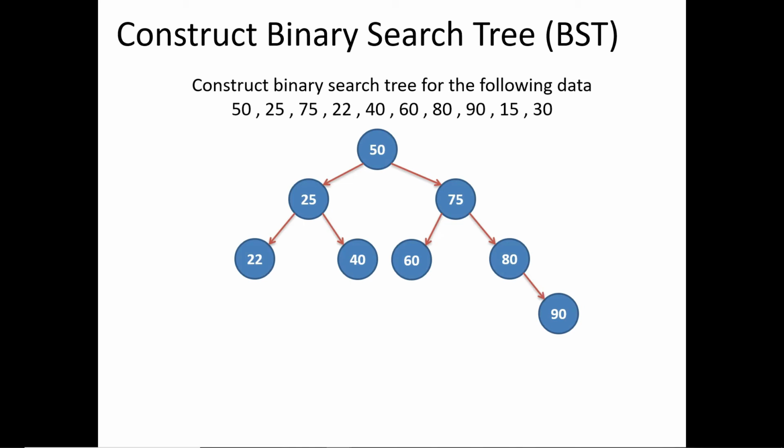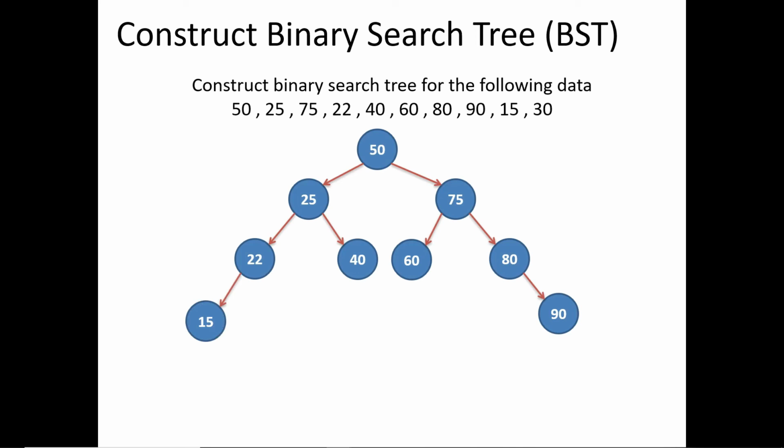Now 15 is smaller than 50, right? So we have to go to the left side of the root, then check 25 is already over here and 25 is greater than 15, so we have to go left side. Again 22 is over here and 15 is lesser than 22, so we put this 15 as the left child of 22. Now the last key value is 30.